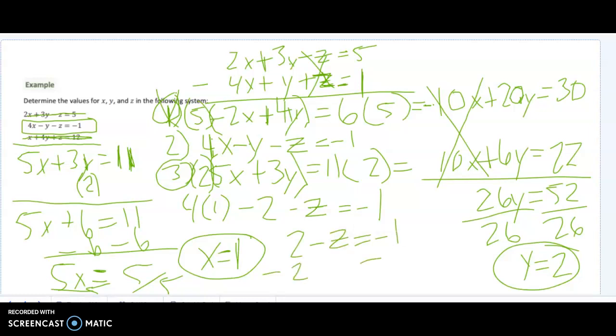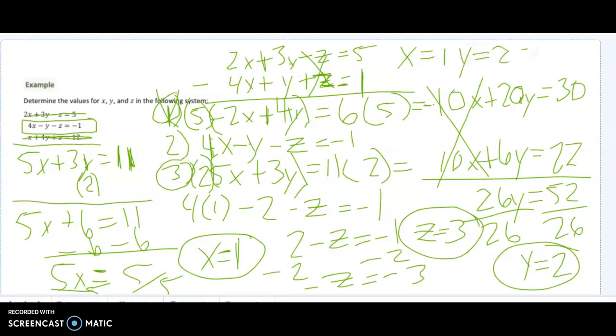Subtract 2, subtract 2. Negative z equals a negative 3. So z equals 3. So x is 1, y is 2, and z equals 3.